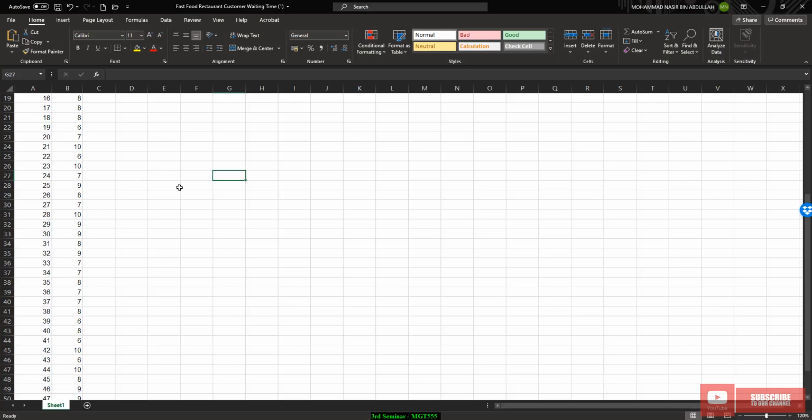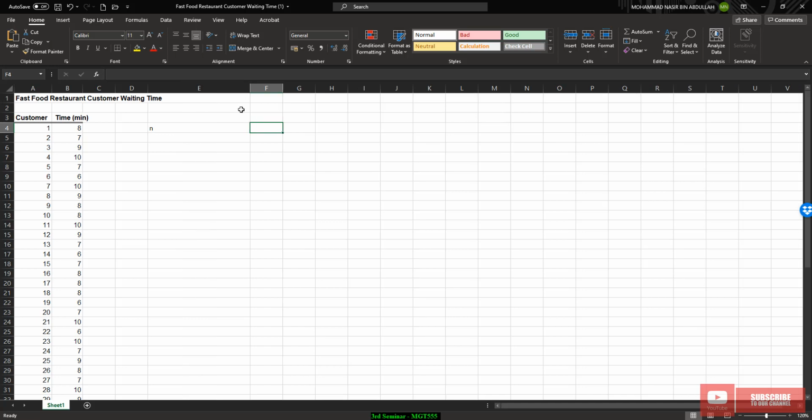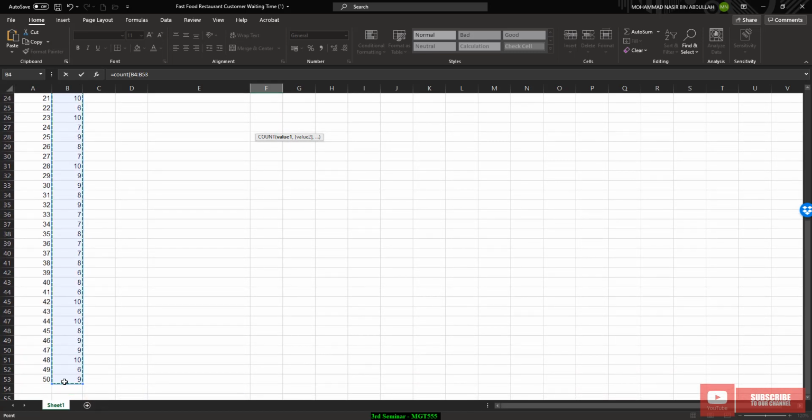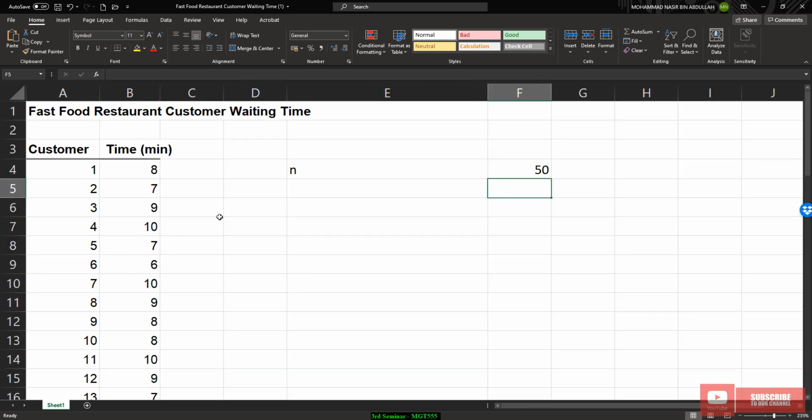So we look at the data that we have. I put n here, a bit bigger so you can see, and I click count. I want to count how many data I have. So I have 50 data. This is the customer number and this is the time.